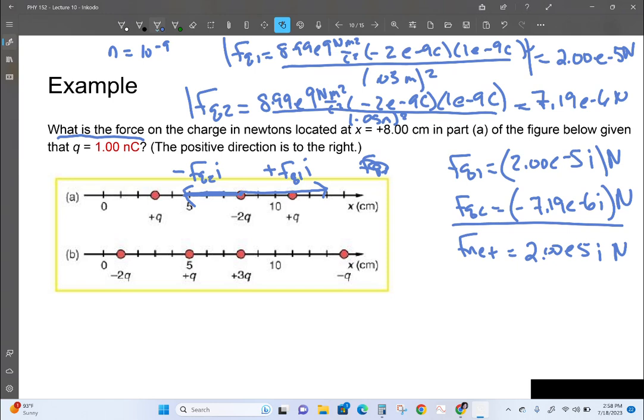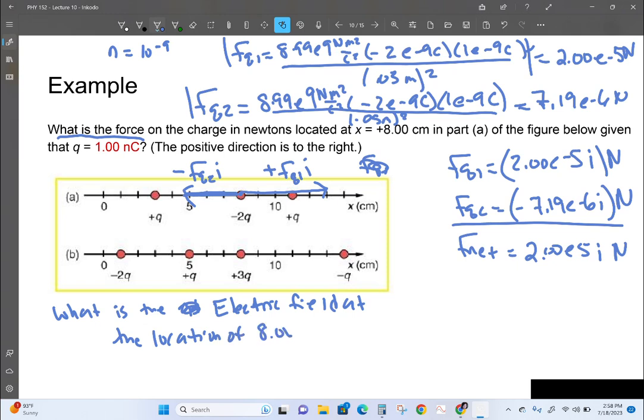Okay. So what instead, if I asked you, is what is the electric field, well, you have two formulas you can use. You can either use E equals kQ all over r squared, or you can use E equals F_E all over the q at that location.